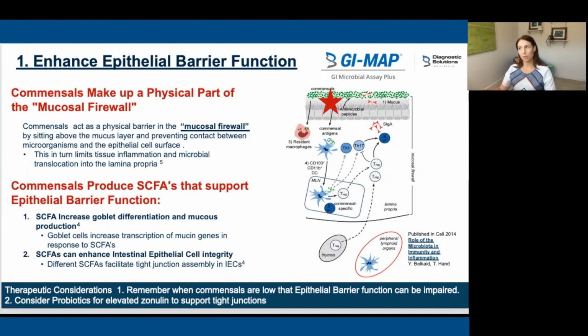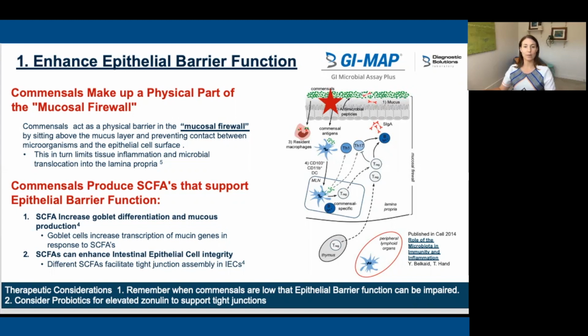But not only do they provide that physical barrier, they're also producing short-chain fatty acids. And those short-chain fatty acids help in a couple different ways too. So short-chain fatty acids can actually increase transcription of mucin from the goblet cells. So that's going to make this mucus layer nice and healthy, nice and robust, again, preventing any sort of microorganisms from getting into contact with the epithelial layer.